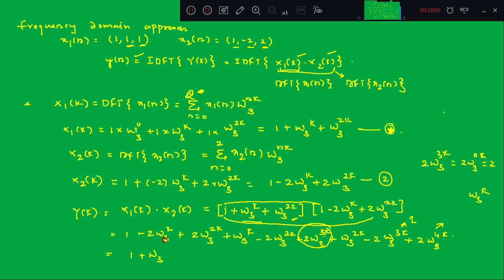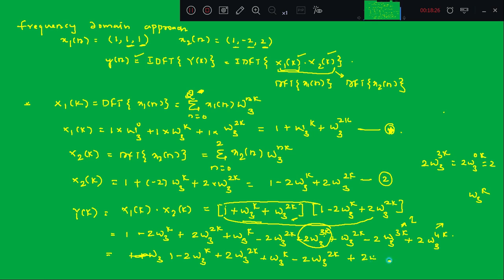So briefly, in short I will write, so 1 minus 2 W3^k plus 2 W3^2k plus W3^k minus 2 W3^2k plus 2 times W3^3k, which means it is 1.